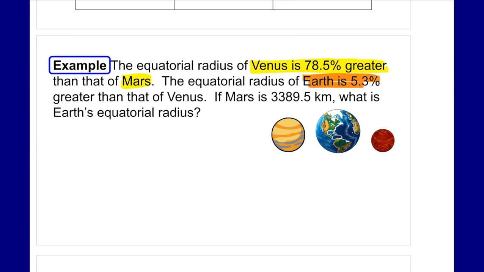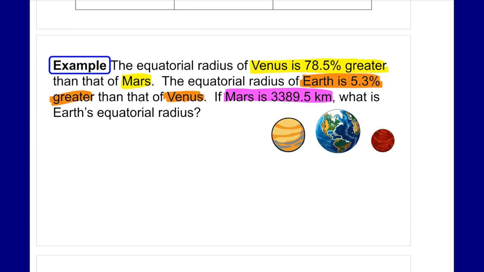Earth is 5.3% greater than Venus. And we know that Mars has an equator of 3,389.5 kilometers. So we know Mars, we then need to find Venus, and then from Venus we find Earth.